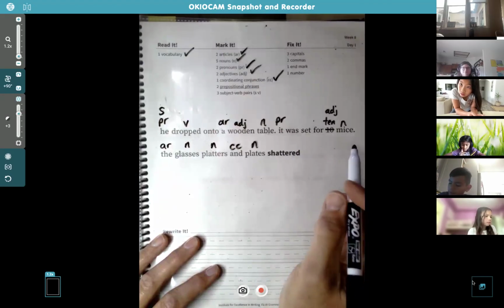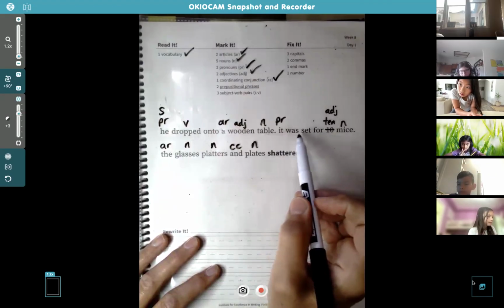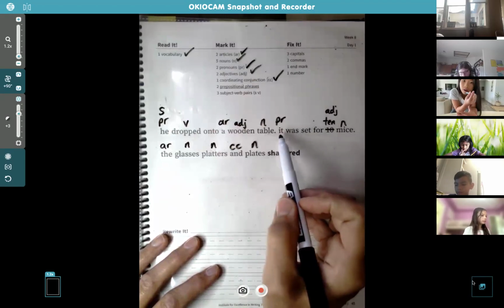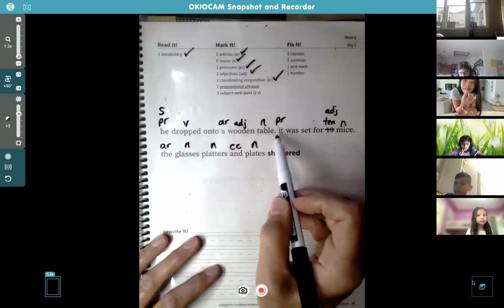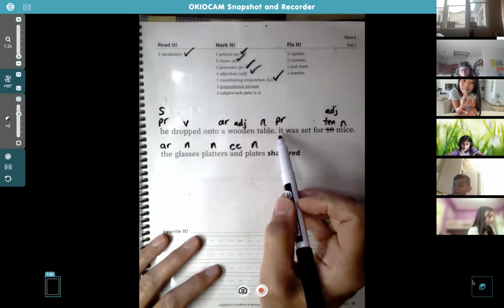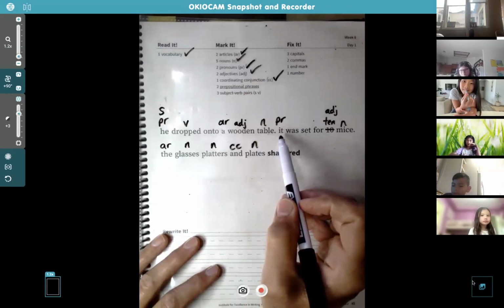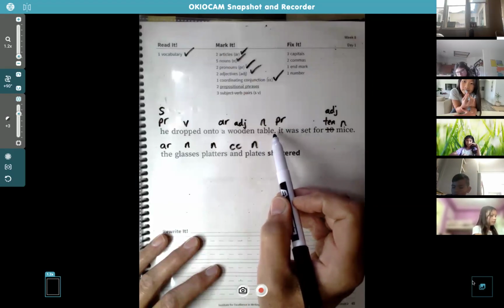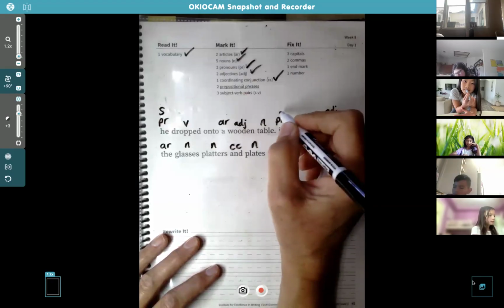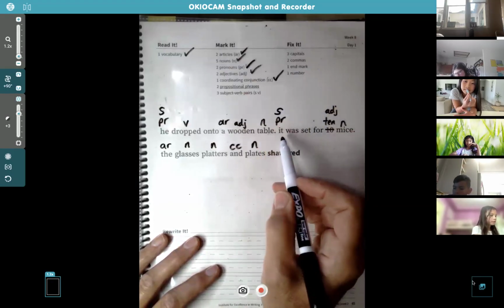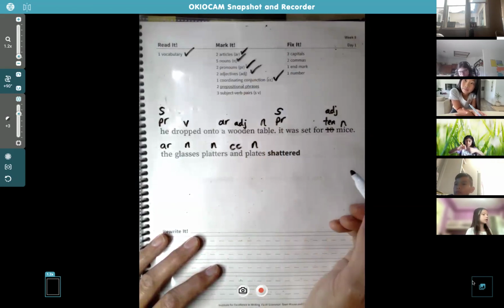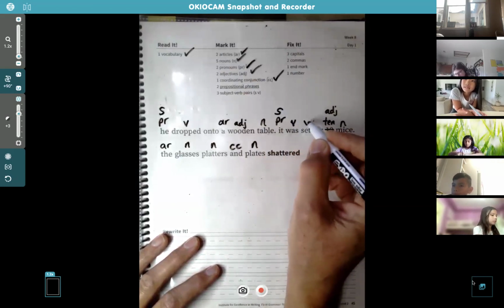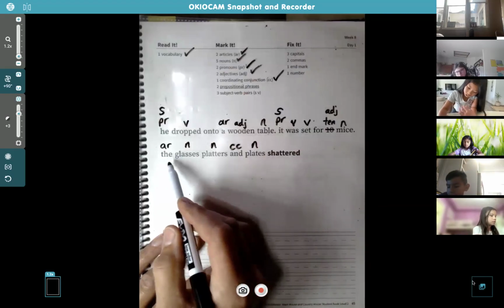Mice, no, what's it talking about? What was set for 10 mice? The wooden table. Yeah, but that's not in the sentence, so it's a pronoun, this one here. It. Yeah, so it, because it has to be in its own sentence, right? So it is the pronoun in that sentence, and then there's two verbs in that sentence. Was set. There you go. Good. Was set.